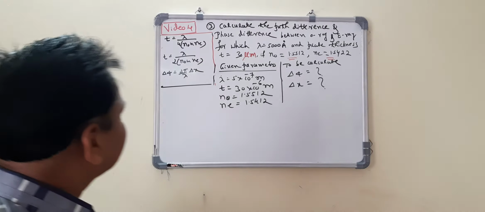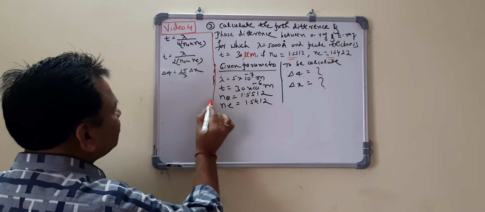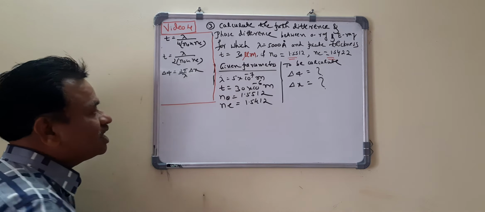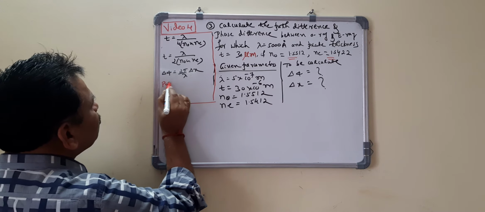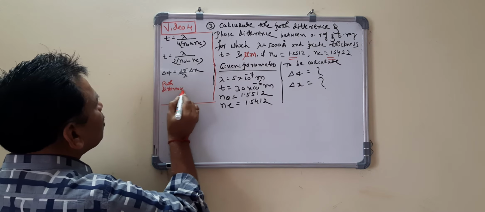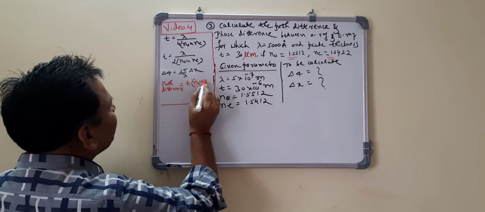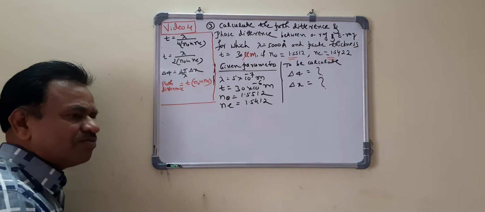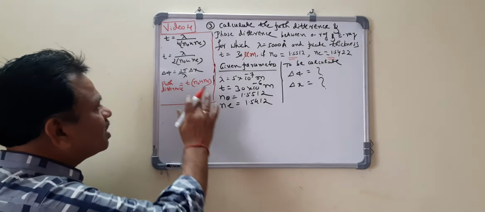Recall, my students, one more formula I will write. In the previous derivation, quarter wave plate and half wave plate, path difference equal to T into NO minus NE. This formula I used in the half wave plate and also the quarter wave plate.